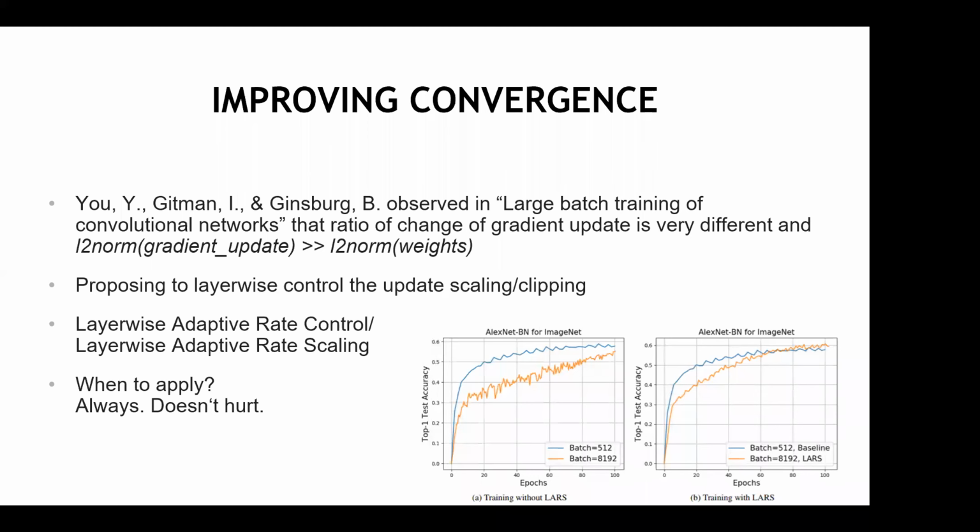So the observation was, whenever this is going to happen, it's better to do the right scaling of those, and then the convergence is better. So that's in essence what this is.